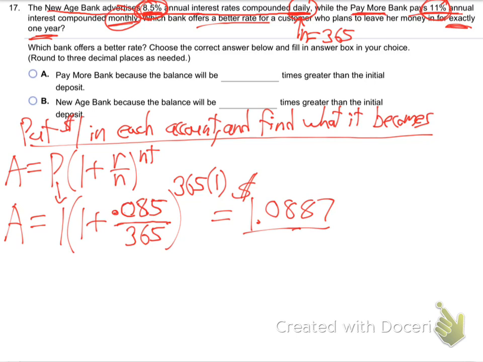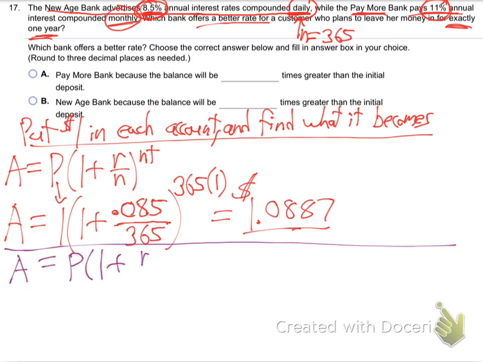Now the second account. Now we'll do the other one. Again, same formula. This is the compound interest formula. Now we're doing 11%. So we're putting, again, $1. Put $1 in this account also. The interest rate is 0.11. The N is 12 because it's compounded monthly.